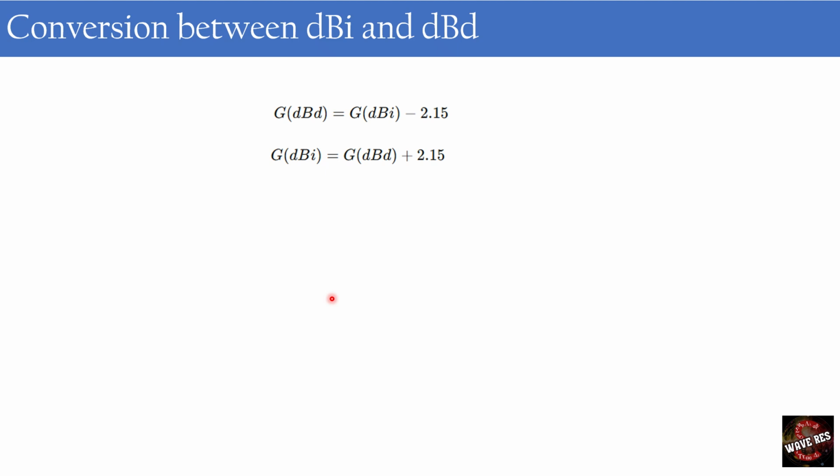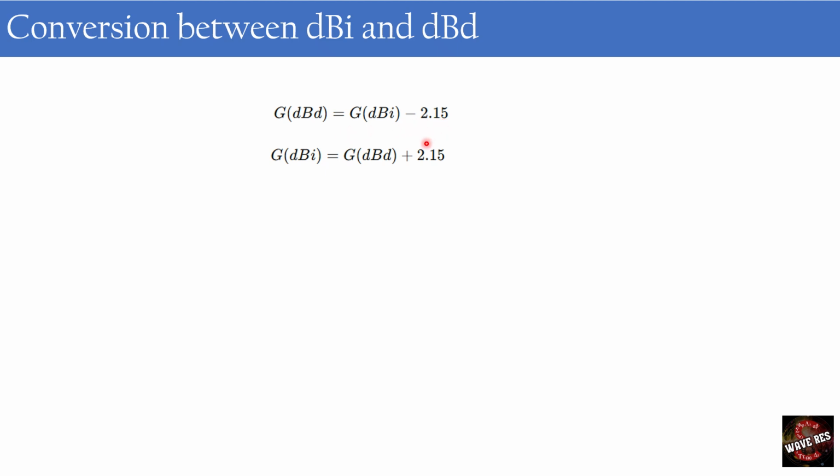Let's see how to convert between dBi and dBd. We know that the dipole antenna has a gain of 2.15 dBi. So if you want to make any conversions, we can use that value and make the conversion. If you want to calculate the gain in dBd, what we have to do is take the gain in dBi minus 2.15.